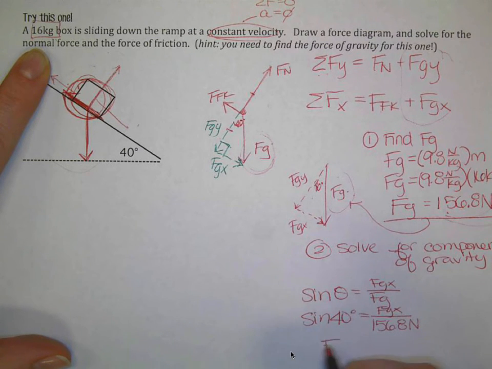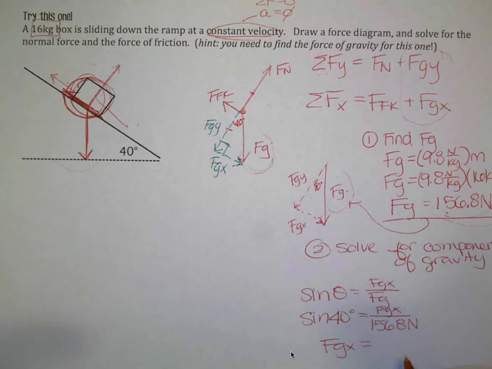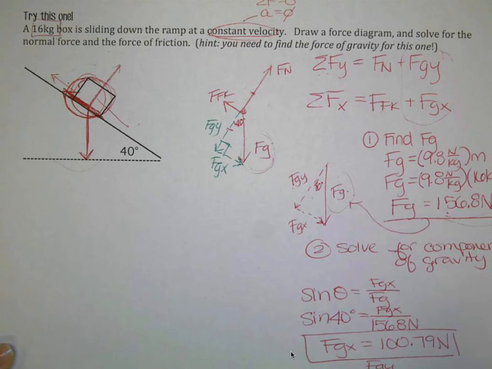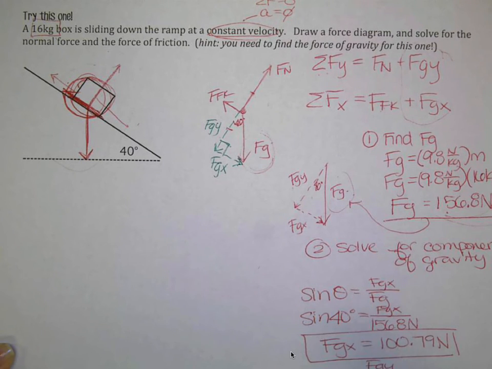So our FGX, if you solve in your calculator, is equal to 100.79 newtons. The other component, FGY, is adjacent to the angle, so cosine of theta is equal to FGY over FG. Cosine of 40 degrees is equal to FGY over, again, our weight of 156.8 newtons. So FGY is equal to 120.12 newtons.